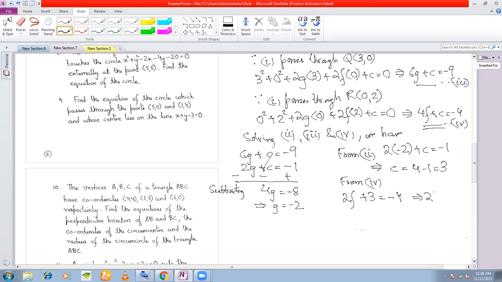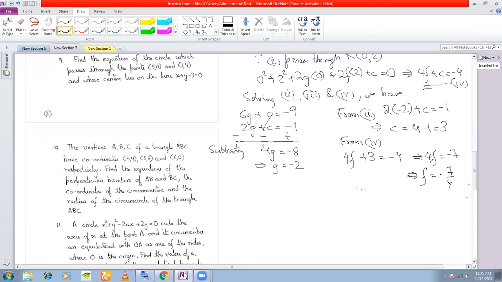So you get here 4f is equal to minus 7. So you get here f is equal to minus 7 by 4. So you have got the value of g, f, and c.